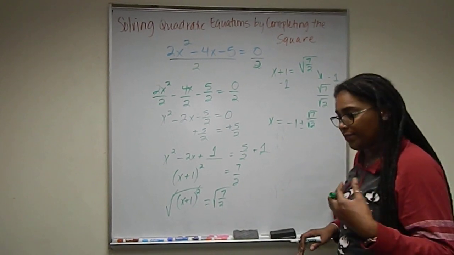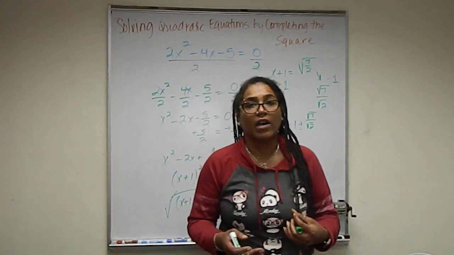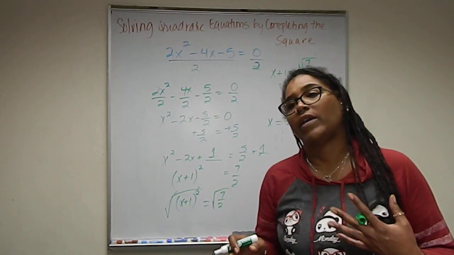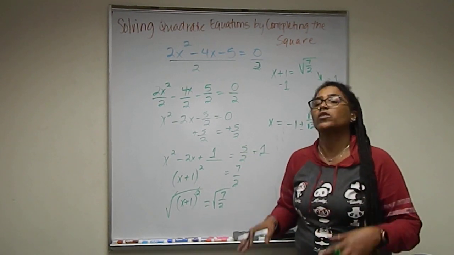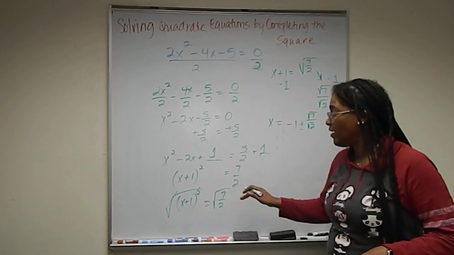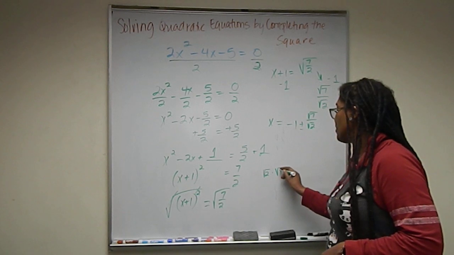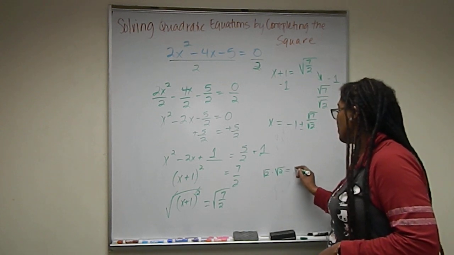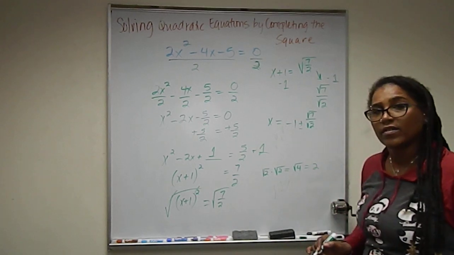So check this out. Remember how square roots and squaring are opposites? This is why I'm saying you have to remember your rules. You have to know the tools, you guys. You have to know it. Because I know that if I multiply this times this, that I get, right?